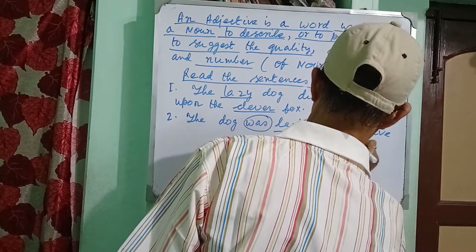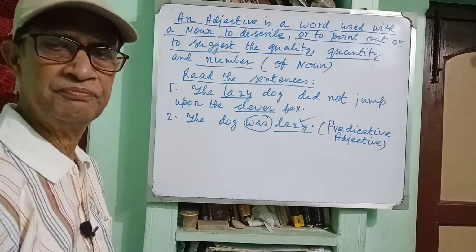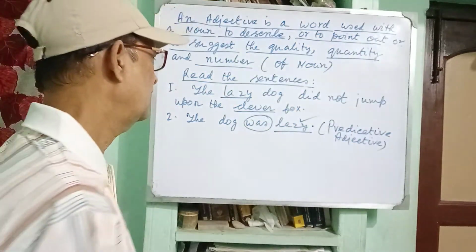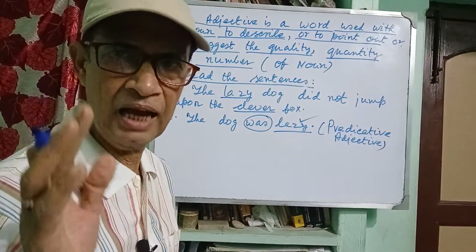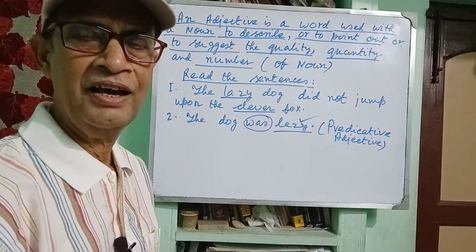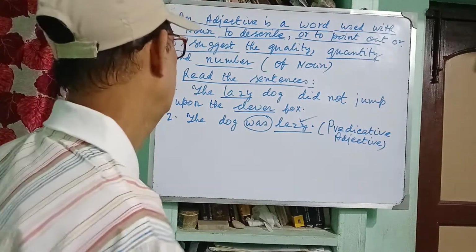Why is it predicative adjective? Because it has taken its place after the verb, at the end of the sentence. It is the predicative adjective.